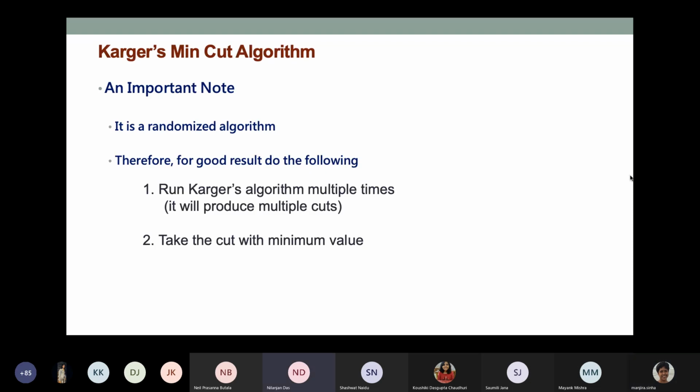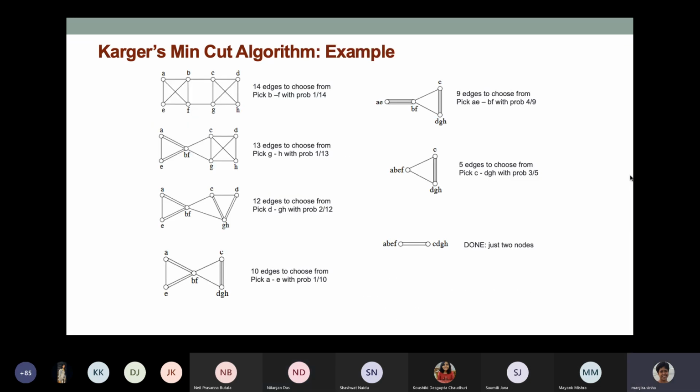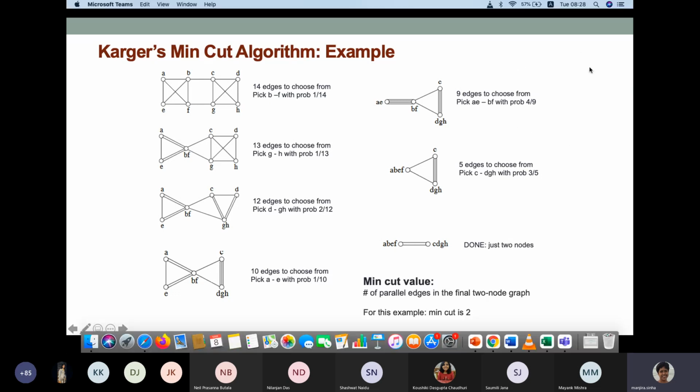Ma'am, so the probability is of no use in the algorithm? Actually, as someone pointed out rightly, if we do not take this 4/9, then we could have collapsed this edge, CBF.